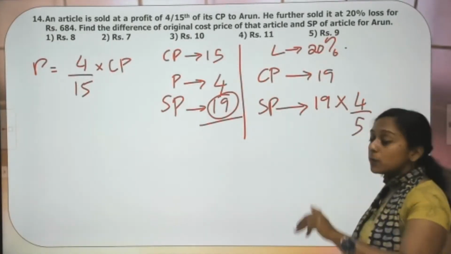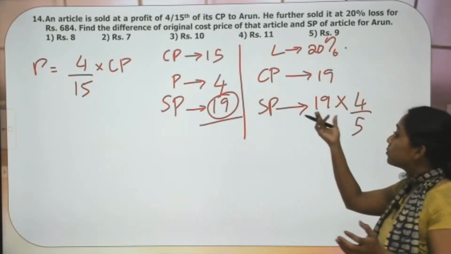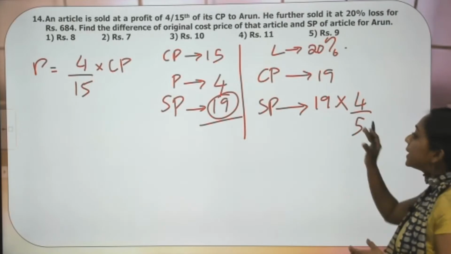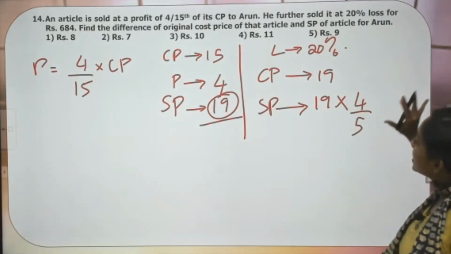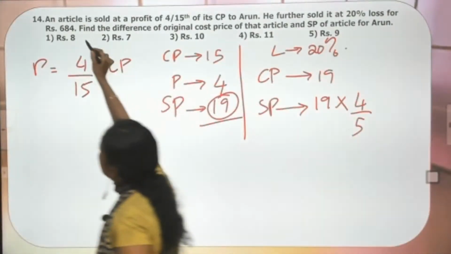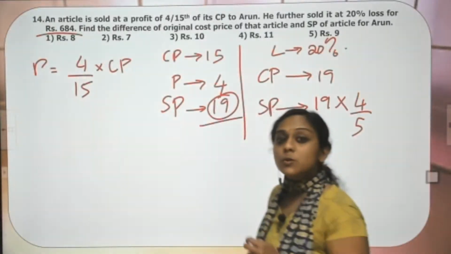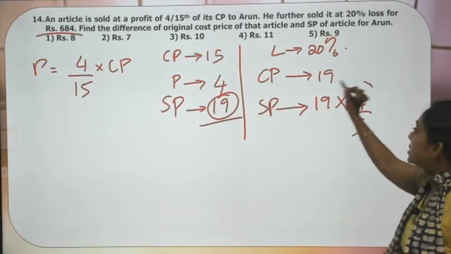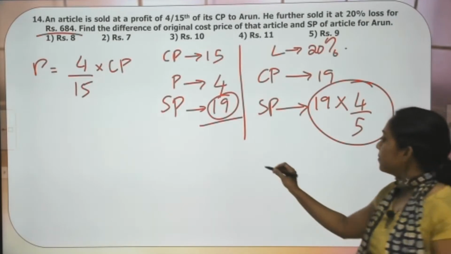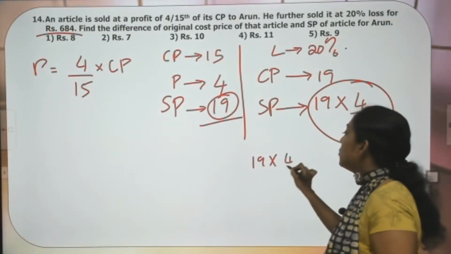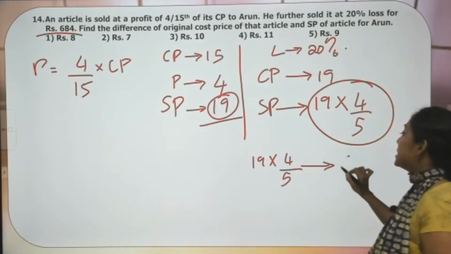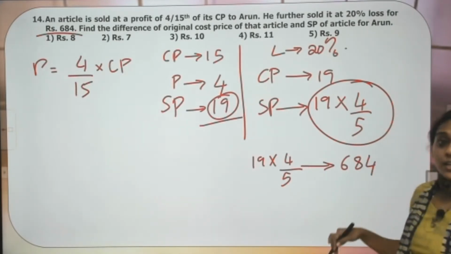So that is 1 by 5th loss, so the selling price will be only 4 by 5th. So 19 into 4 by 5 is 684. That is given in your question.